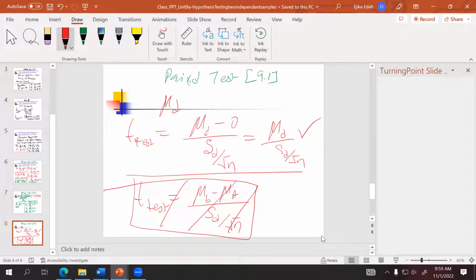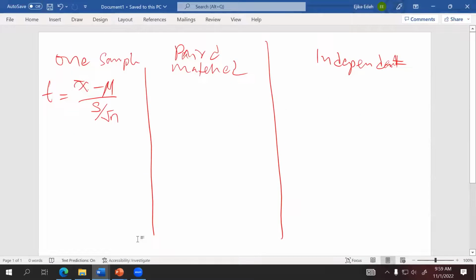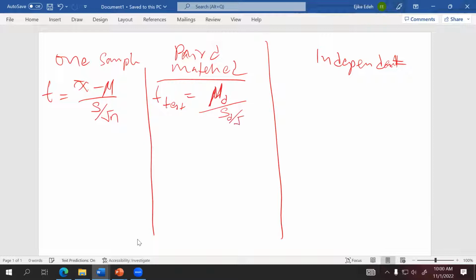Let me take it over to that other page and have a simple formula written also. Over here in the middle, we know that for matched pair, our test statistics, the t-test, is going to be mean of the difference divided by standard deviation of the difference all over square root of n, right?